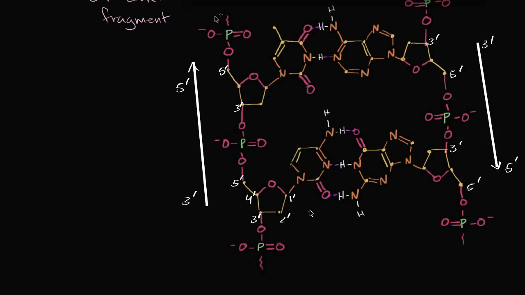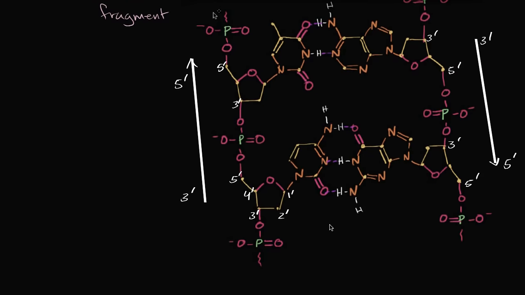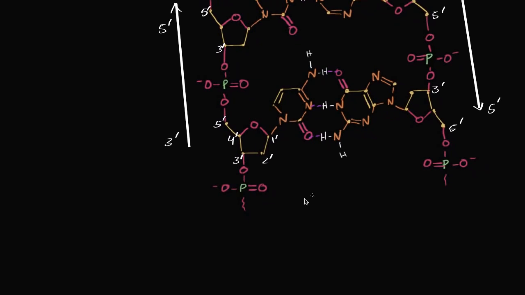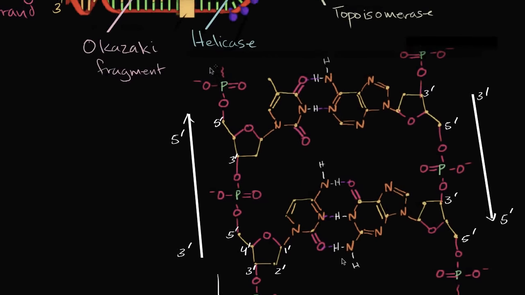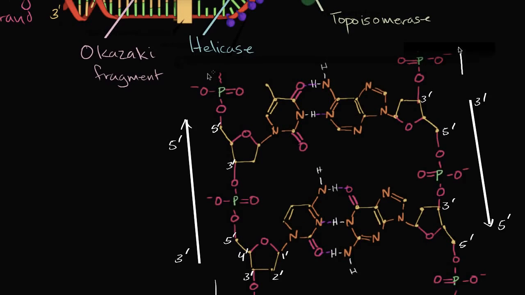And this is going to be really important for understanding replication because the DNA polymerase, the thing that's adding more and more nucleotides to grow a DNA strand, can only add nucleotides on the 3' end. So if we were talking about this right over here, we would only be able to add going that way. We wouldn't be able to add going that way.